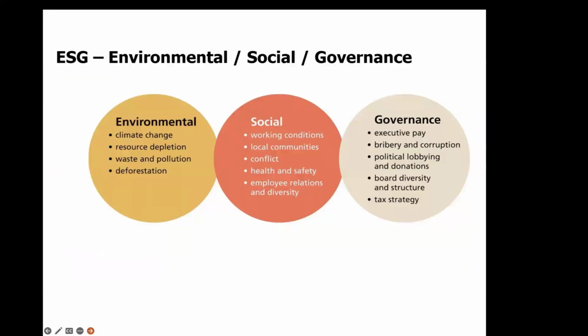And ESG is another concept that we use in sustainability marketing and ethical marketing that talks about the three most important components: the environmental challenges like climate change, resource depletion, waste, deforestation; social issues, there are so many things from health and safety to LGBTQ, conflict, so many social projects that one can undertake as an organization; and governance, which talks about how you run the company ethically, professionally, right?